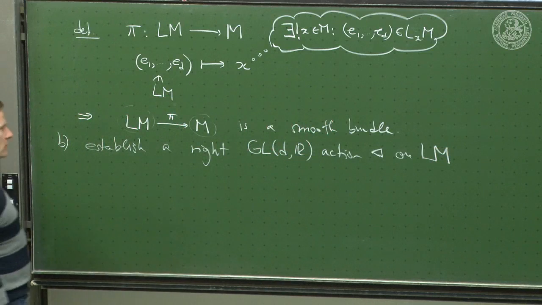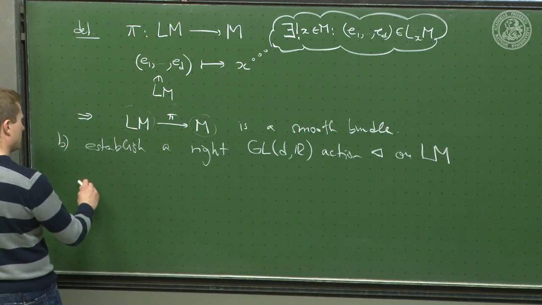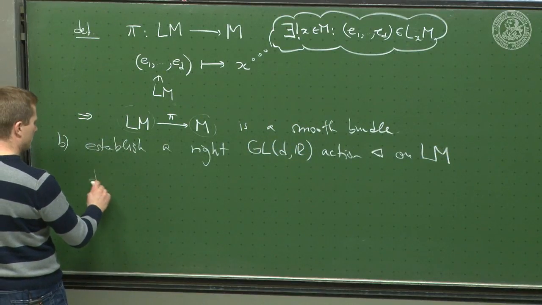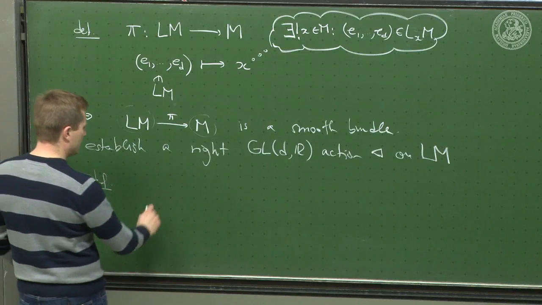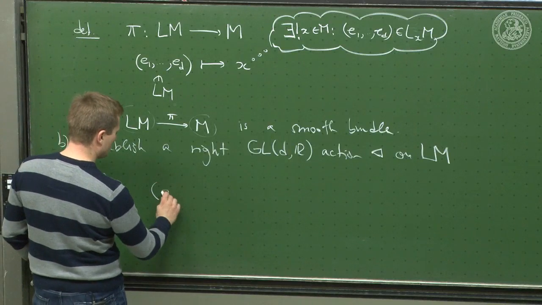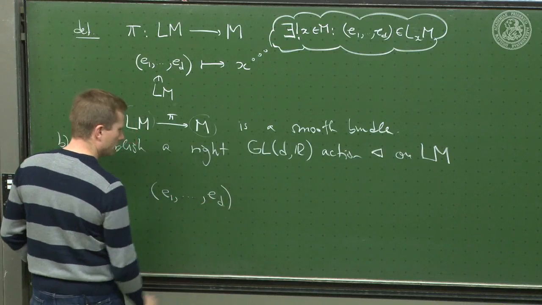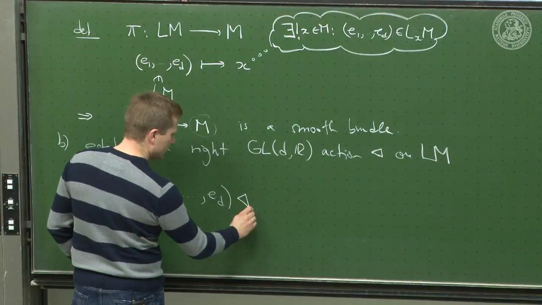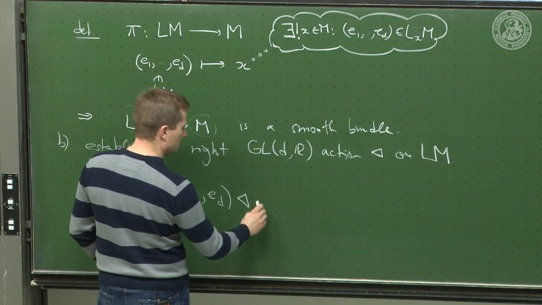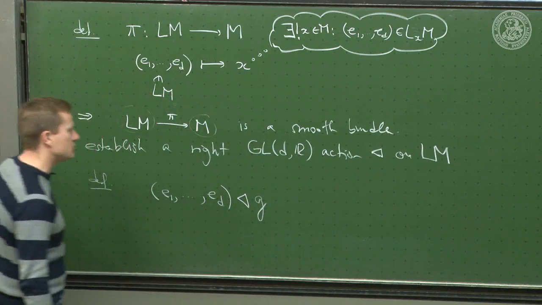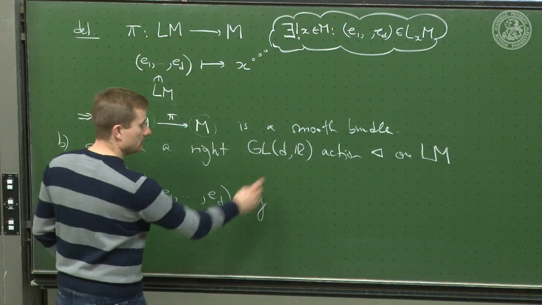So we establish this action by virtue of, so we define, we take an element e_1 to e_D, and we wish to act on it with a GL transformation. Let's call it small g, but small g is an element of GL(d).